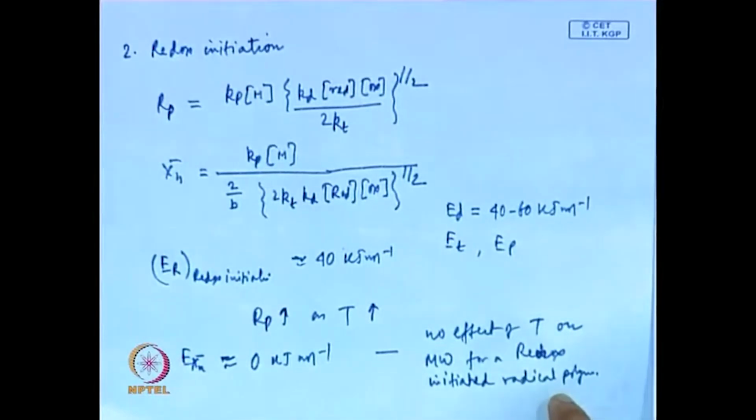That is why redox polymerizations are done at room temperature or even sub room temperature, because temperature increase has no effect on the radical polymerization.